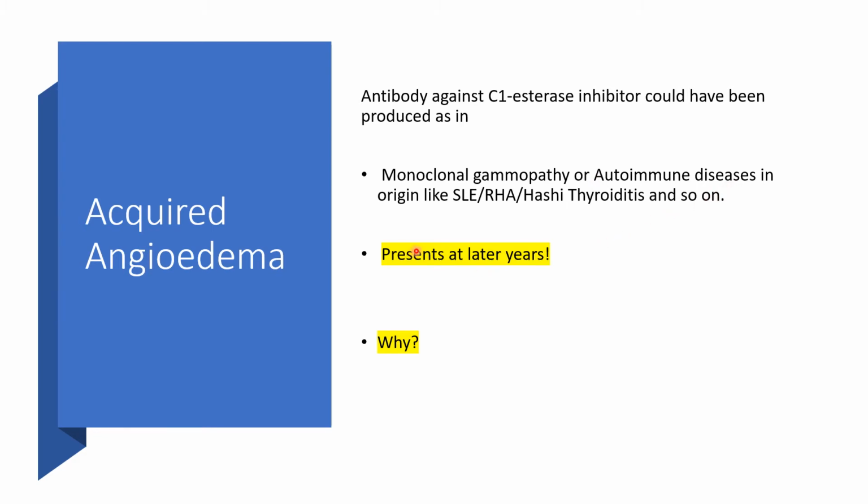But there's one thing that will make it classically different from hereditary angioedema. It's going to present later in life than hereditary angioedema, where the onset will be in childhood or adolescence. Why that? Likely because most of the cancers and autoimmune diseases will be found at that age.